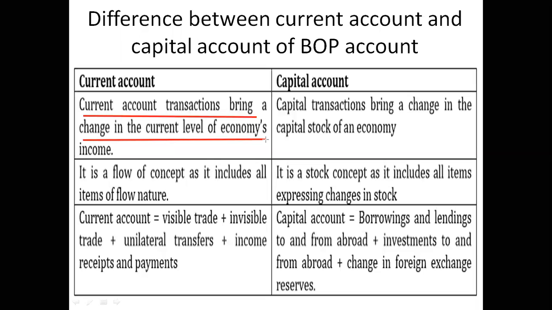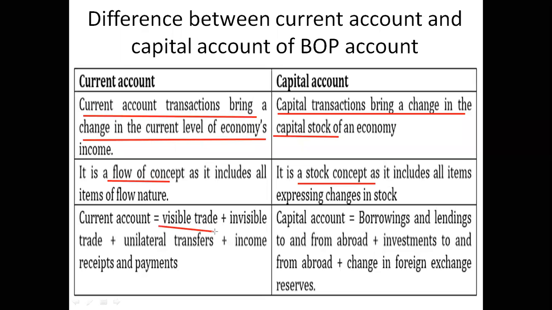It is not related to the capital of the country. But capital transactions bring a change in the capital stock, means assets और liabilities को affect करती हैं वाली transactions. ठीक है? जो current account transactions है, this is a flow concept, but capital account transaction is a stock concept, because ये आपके stock को बिल्कुल change ही कर देती है.